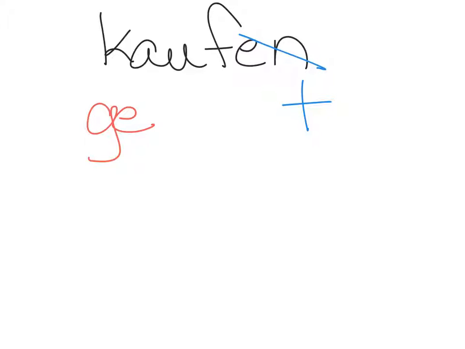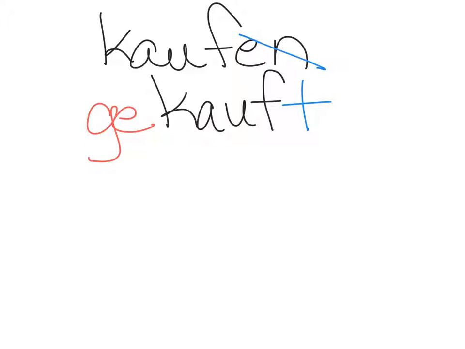And what goes in the middle? Kauf, the rest of the word. The GE words will always end in a T or an N. There's no other option. We haven't gotten to the ones that end in an N yet. These are just for regular verbs.